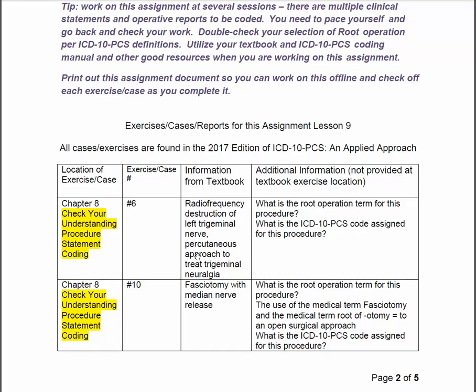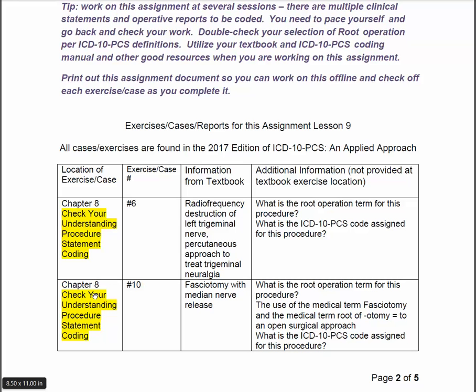So you're told the surgical approach, you're given some information, and you need to then extrapolate what is the root operation, what is the surgical approach, and then when you move to the submission area, you're going to be asked to type in the root operation term and then the final code. The next one is number 10 in that same section of chapter 8.